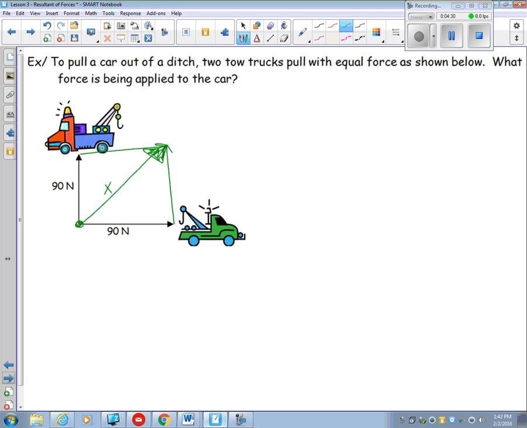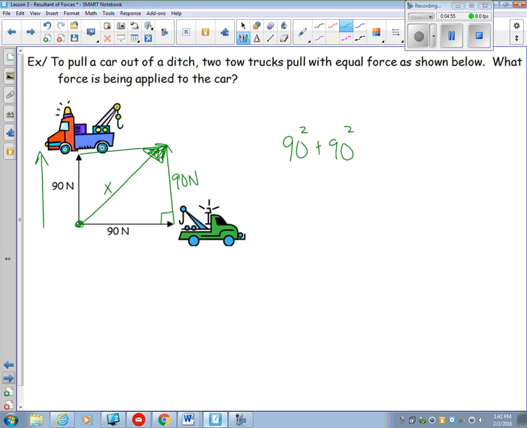And we know if this is 90, then this has to be 90, because you can't change that, right? They're using the same spot. If I want to find the force, and they're pulling at 90 degrees to one another, and it doesn't tell us that, but I'm telling you that that's a 90-degree angle, I know I can use Pythagoras again.